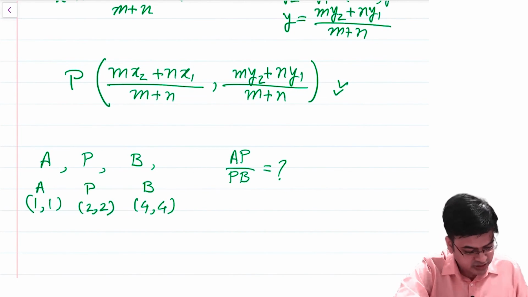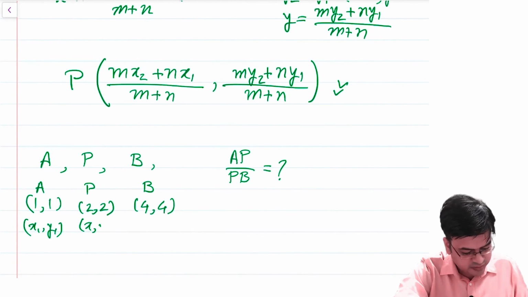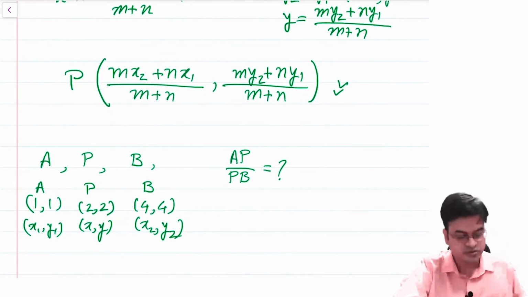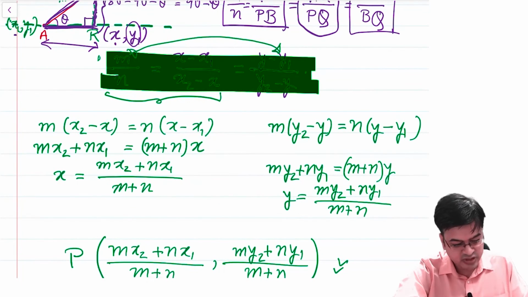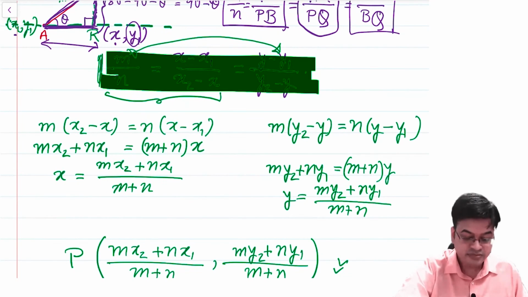So in this case, what I have is x1 y1. The point P was denoted by xy, and the point B is x2 y2. So this is our nomenclature, so that I will fit the constraints over here, because now I have been asked what is this m by n.